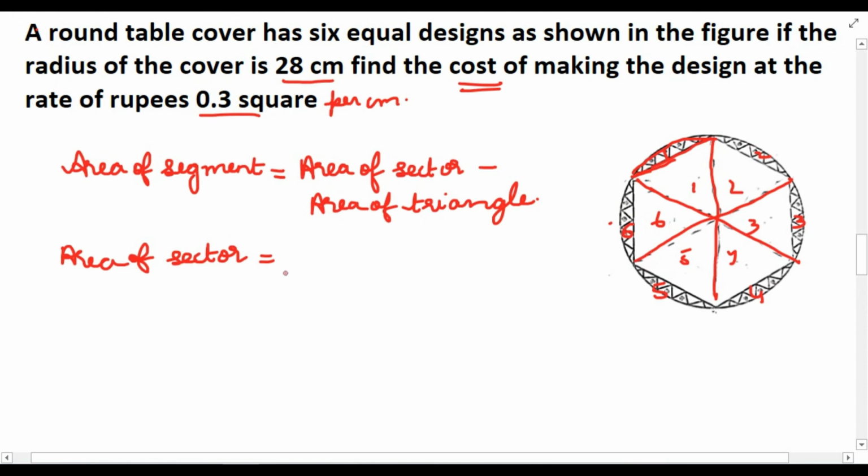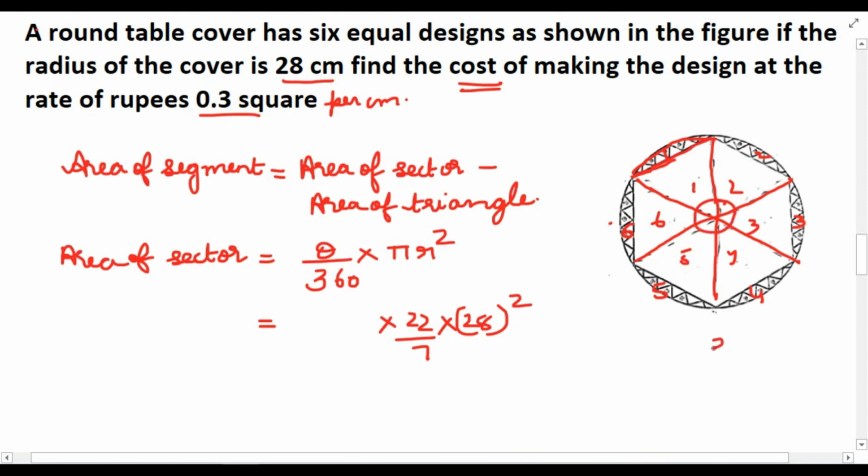So first let us find the area of one sector, which is given by the formula theta divided by 360 into pi r square. Now theta we don't have, radius is there, 22 by 7, r square is 28 square, but we don't have theta. Again we know the angle at the center of the circle is 360 degree, and there are 6 sectors, so divide by 6.